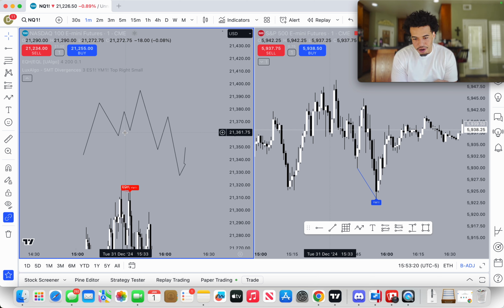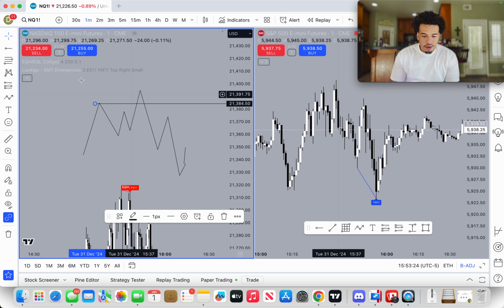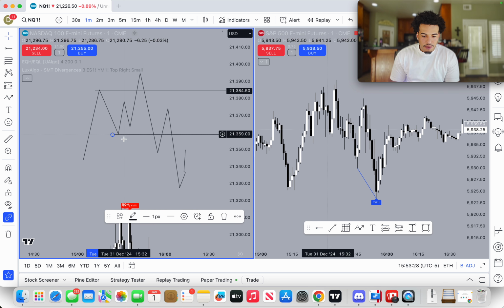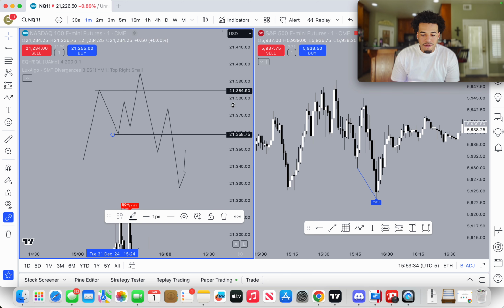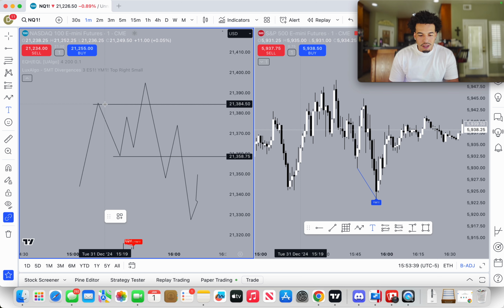Again, just to reiterate what I went over before this SMT: we do not want to target this area if we are bearish until some form of significant buy side is taken, right? This is buy side.